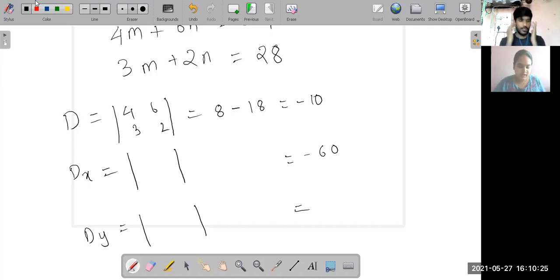Correct, which means dy equals minus 50. So dx will be minus 60 upon minus 10, which is x equals 6 and y equals 5. Correct. See, you had not copied the question correctly, so you couldn't solve it. And now since you got the question correct, you could solve it properly.